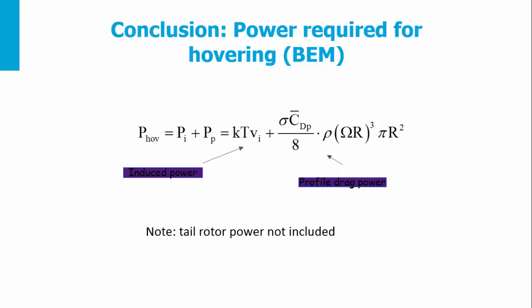Going back to the integration, we see that the profile drag power can be calculated. Then, the total power required for a hover in the blade element theory is a summation of the induced power and the profile drag power, and is given by this formula.